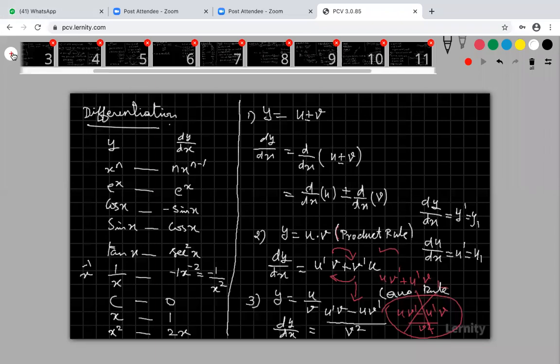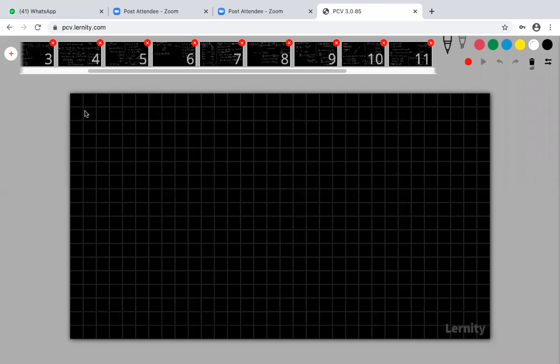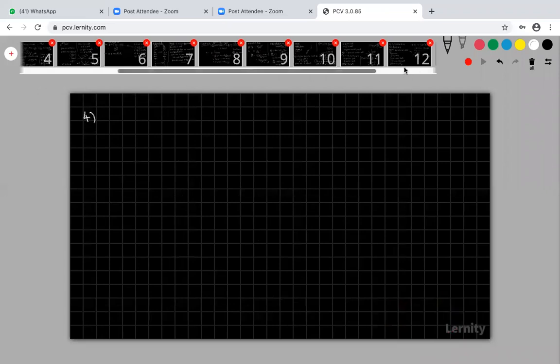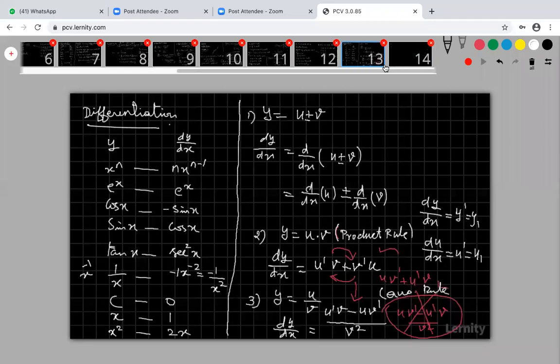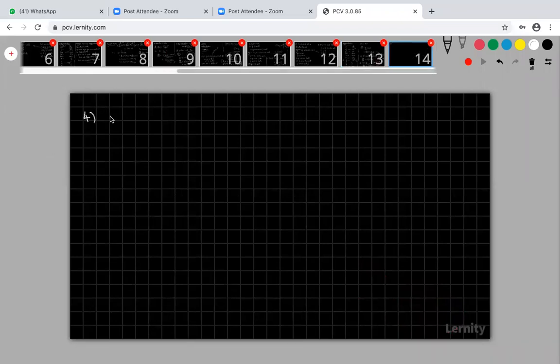Yes. Come to the next. Next, some results. The fourth result. These are also results. Okay. The fourth one is every differentiable function is continuous.